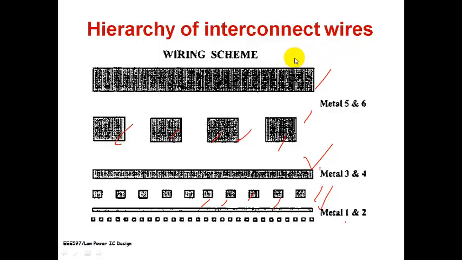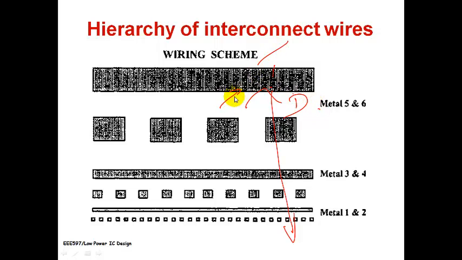Metal 7, 8, 9, 10, for recent processes even 11 metal layers are there. Because this wire is placed so far away from the substrate, the distance is so long, and you can afford very wide wires to keep the resistance low, and the capacitance is not going to increase unnecessarily because of this distance.